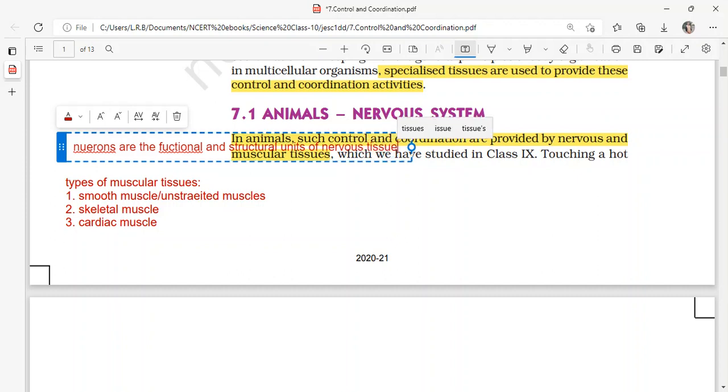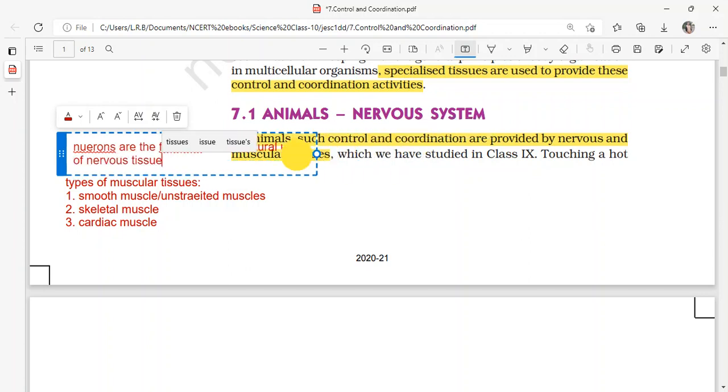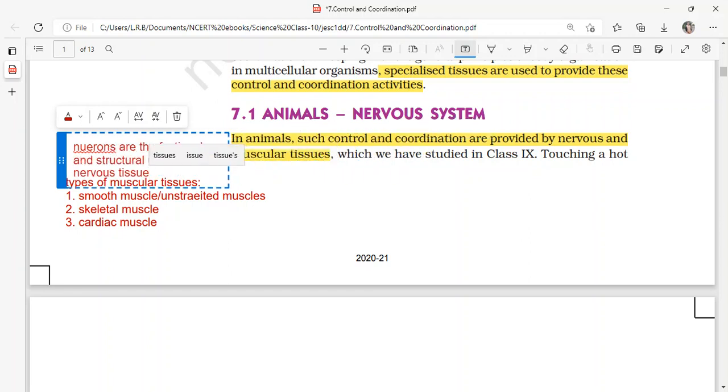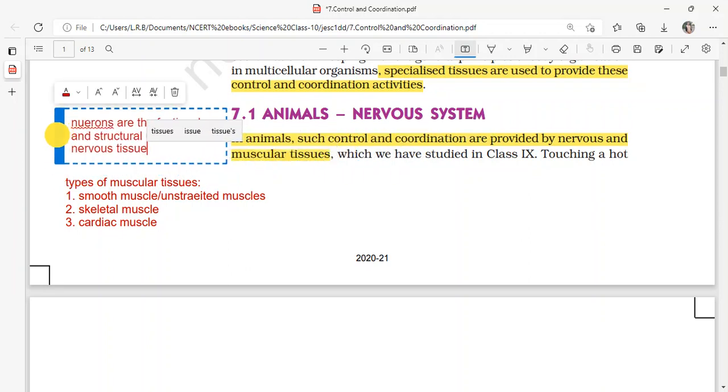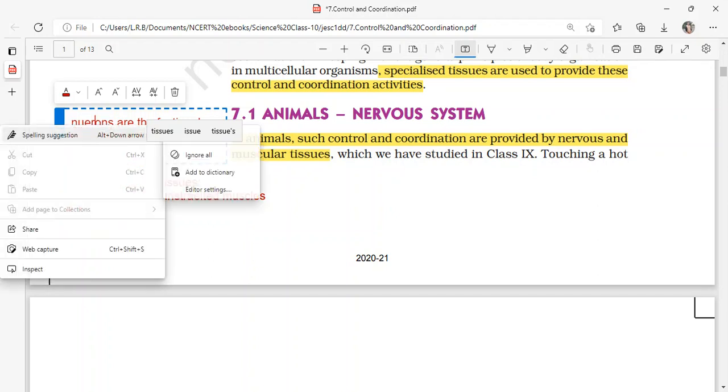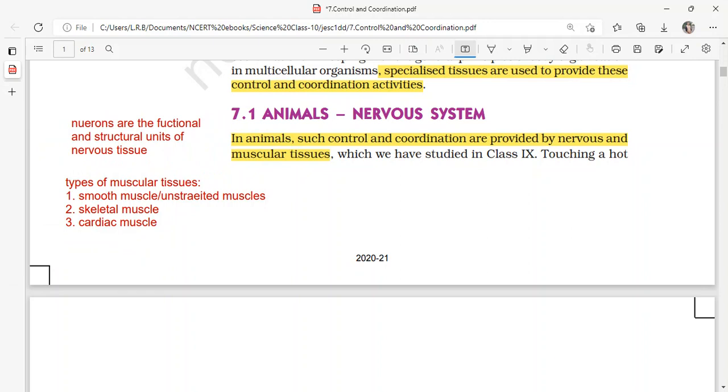So what are neurons? These are the functional and structural units of nervous tissue, just like nephrons are the functional and structural units of the kidney. Let us move back to what we have studied in class 9.